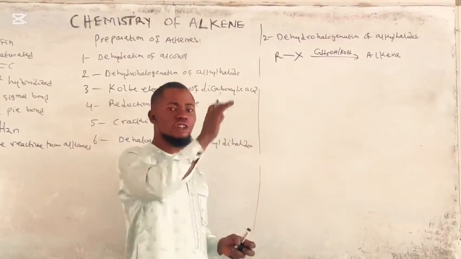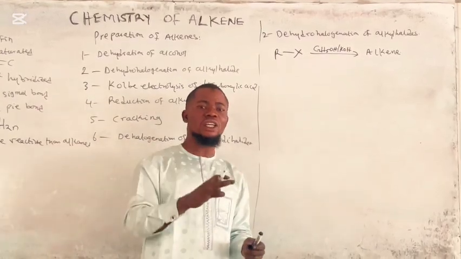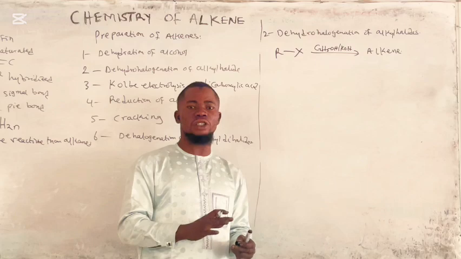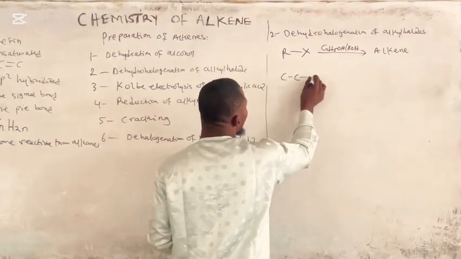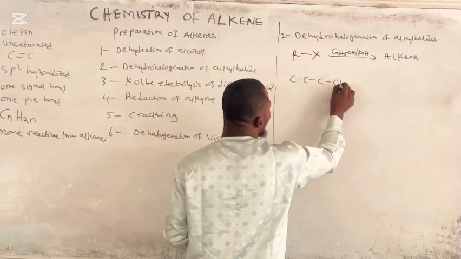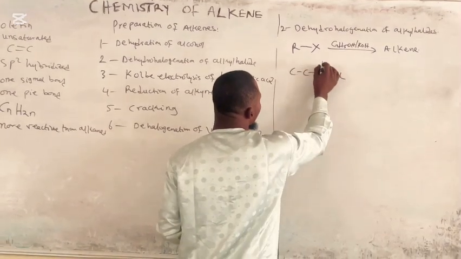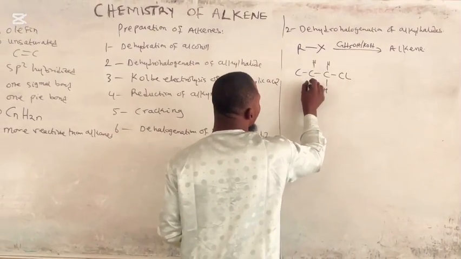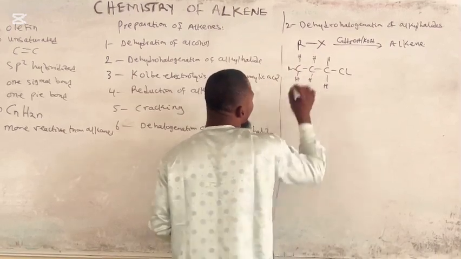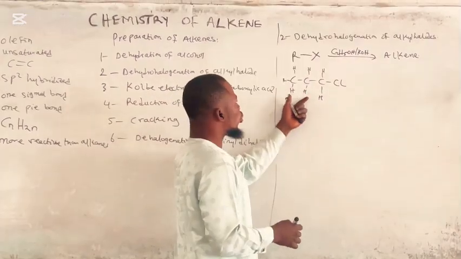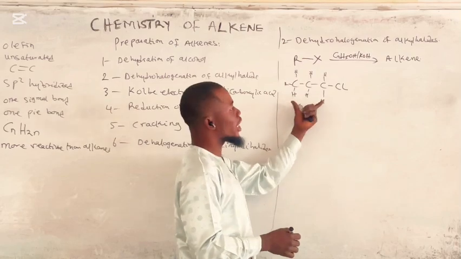We can see that the majority of the processes for the preparation of alkene are elimination reactions. So, for example, if you have chloropropane, it is an alkyl halide.